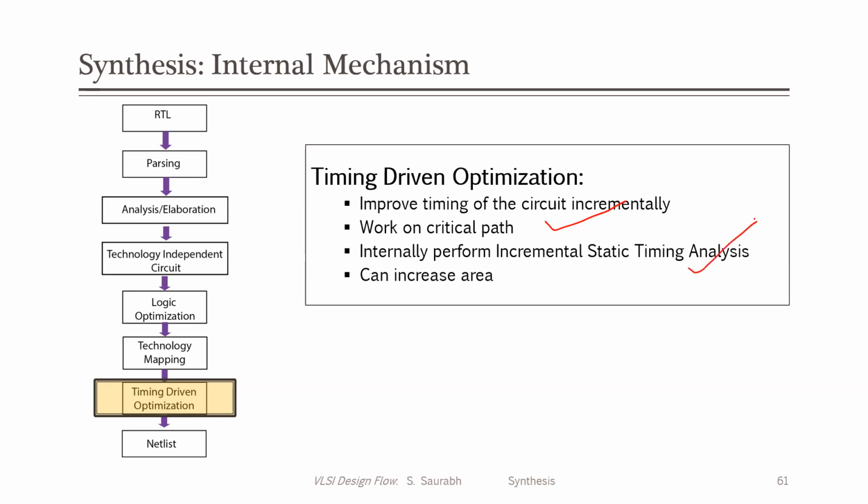It can lead to some area increase, but it will improve the timing. After these steps, the tool will give you the netlist, and this netlist can be used now in physical design. So this is very briefly what the tool will internally do during the synthesis step.